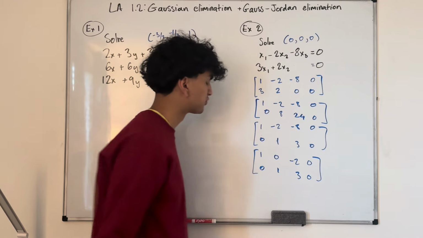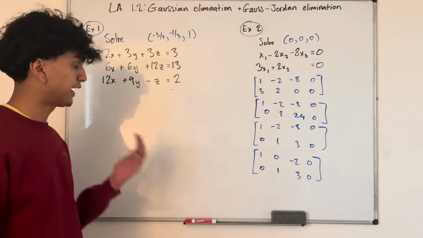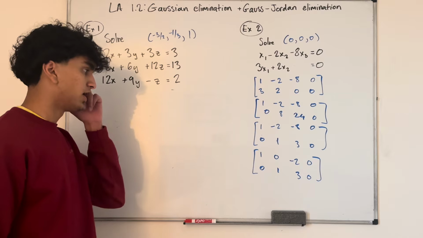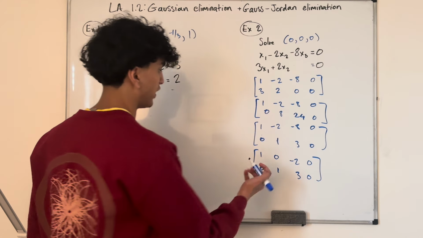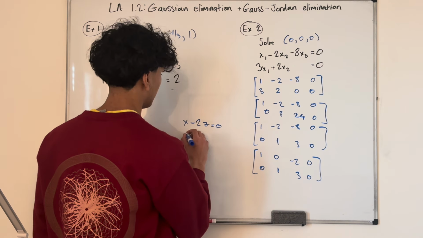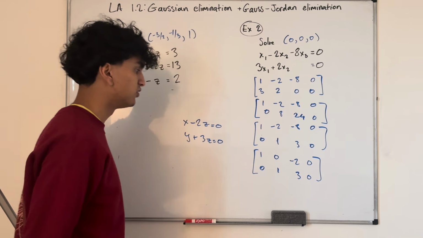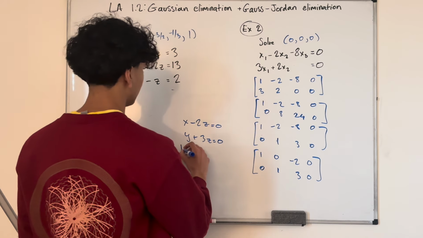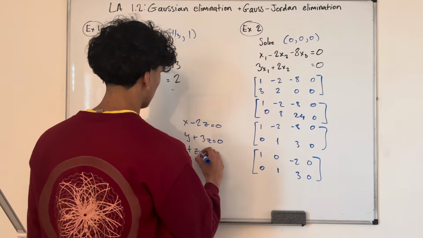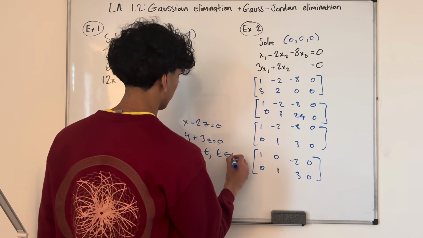The reason I'm doing reduced row echelon form is because now, if I write this equation, I get x minus 2z equals 0, and then y plus 3z equals 0. What I can do is say, let z equal t, where t is just some real number.